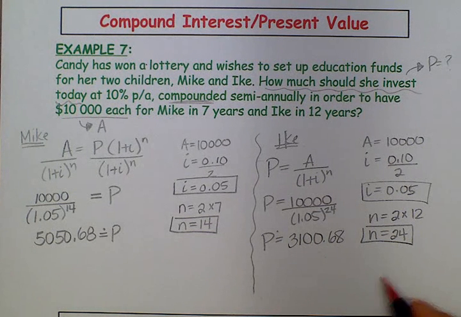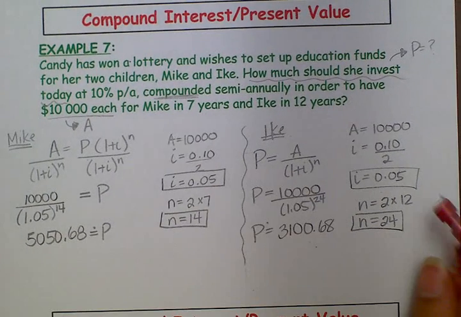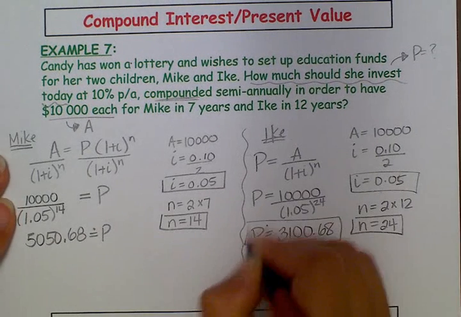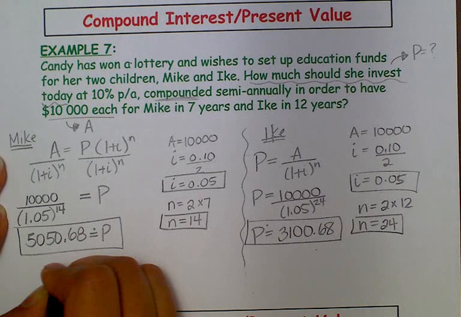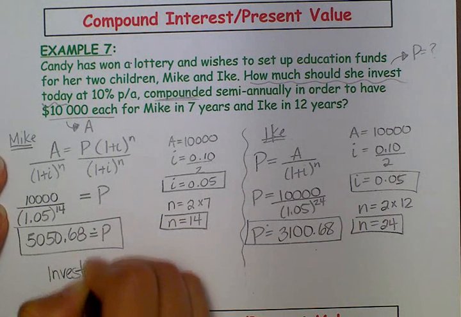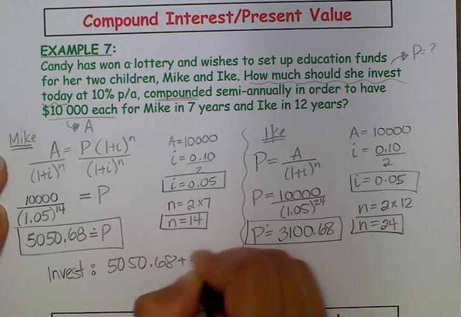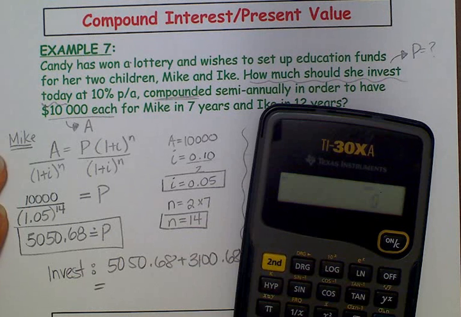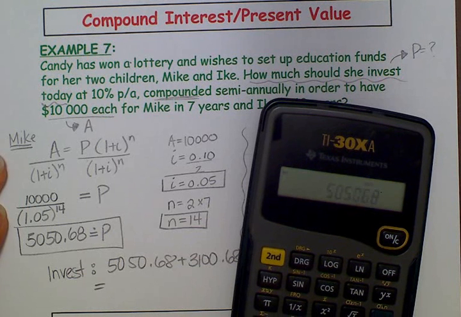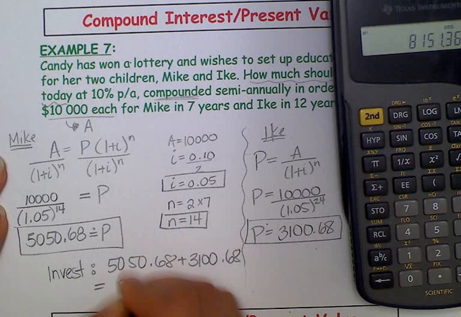Okay, so if you're trying to figure out how much she should invest in total, all you need to do is add up the two numbers to figure out how much money she needs to invest in total to have enough for both of her kids. And so the total amount invested should be $5,050.68 plus $3,100.68 to get a total of $8,151.36.